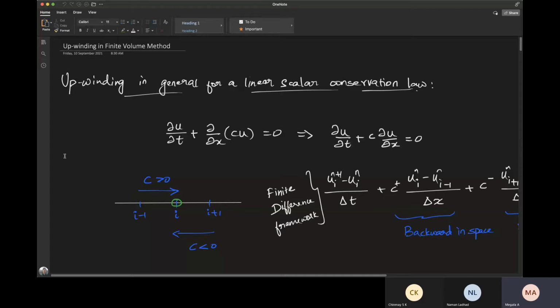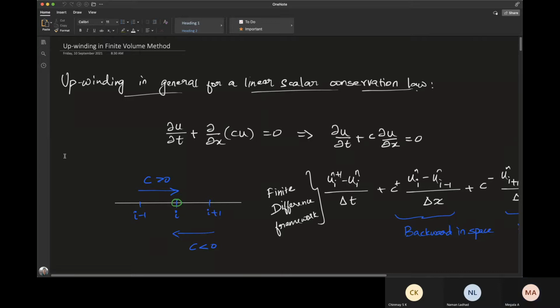And then we talked about reconstruction of fluxes. So in the finite volume method, we'll require fluxes at the interface, whereas we store the values at the cell centers. So we somehow need to construct the value of U and G at the interface. By G, I mean flux. Okay, U is the conserved variable.